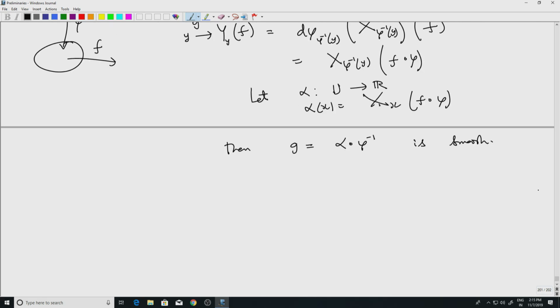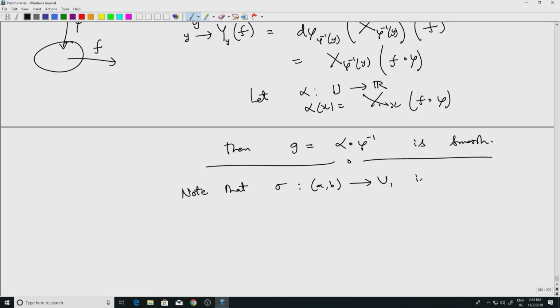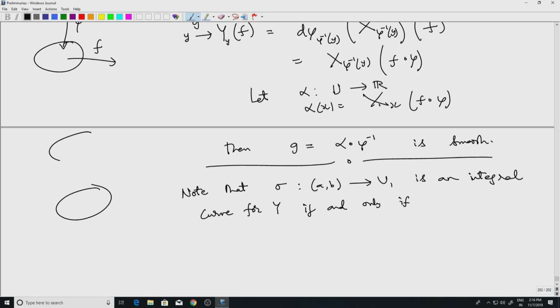Now, the other thing to note is that sigma from an interval to U1 is an integral curve of Y if and only if, so again the picture is like this.